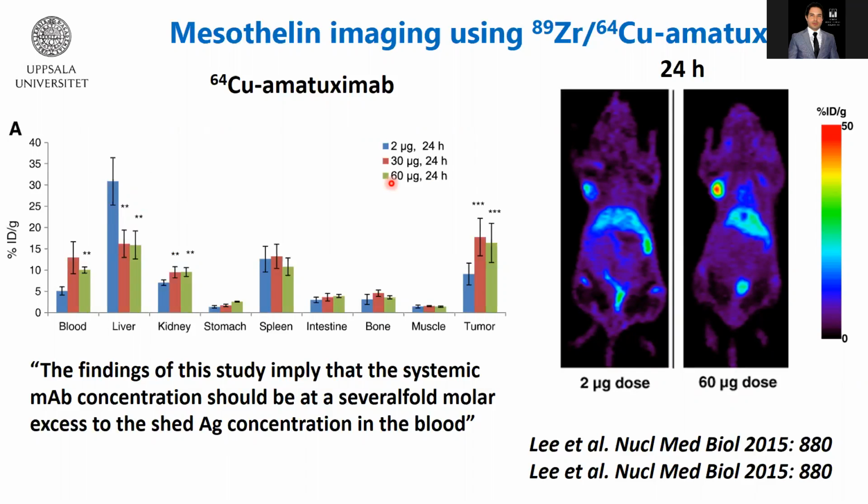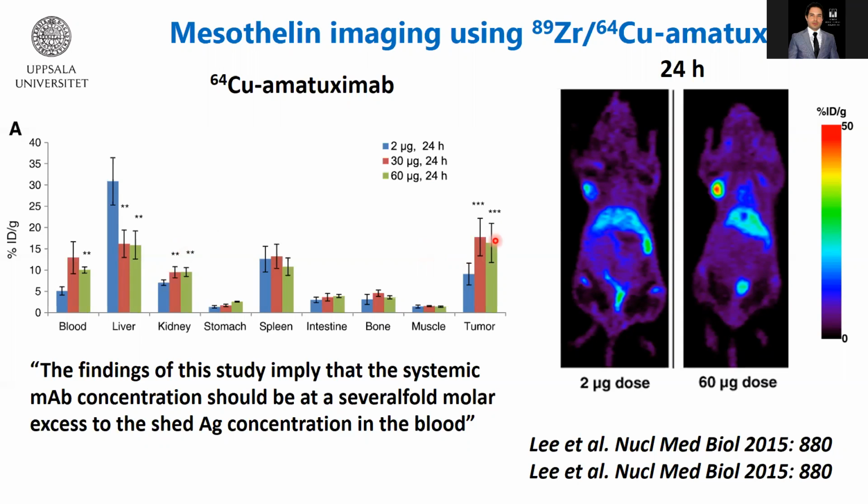If you increase the amount of antibody, with the same activity, the cold antibody would relatively rapidly block everything which is in circulation, and the antibody would have its chance to find a tumor and target it and make an image, which has been demonstrated.